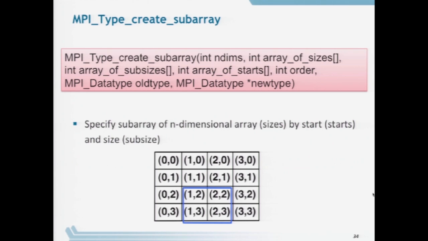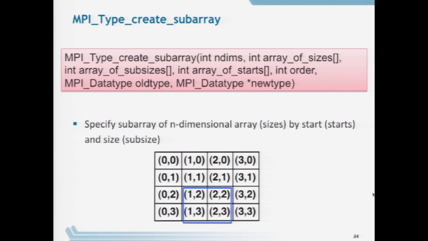Okay, then there are a couple of constructors that I will call convenience constructors. This is because they don't provide any new capability in terms of your ability to specify a layout. However, they may be a little simpler to use.